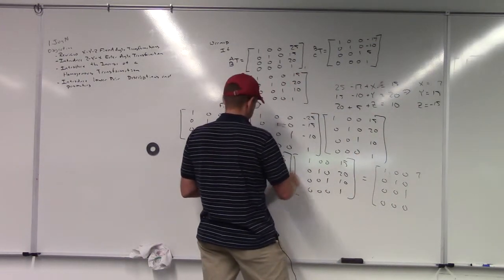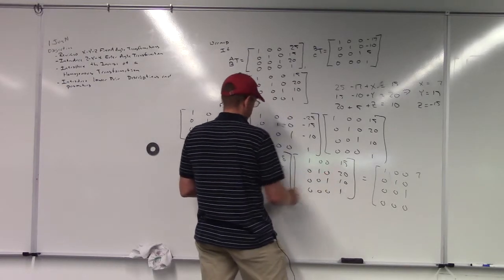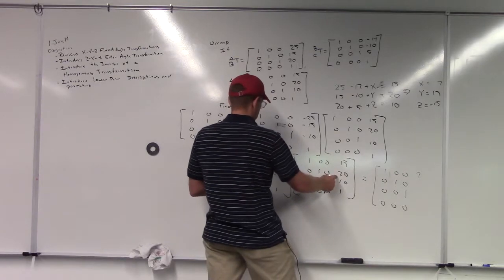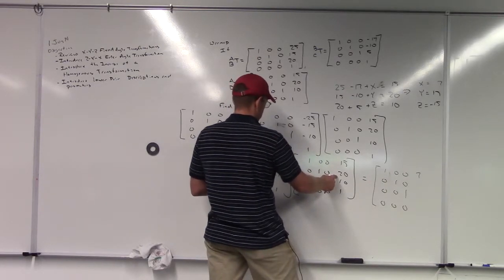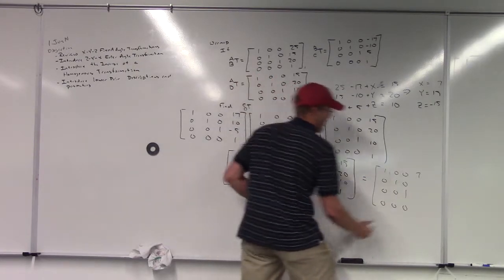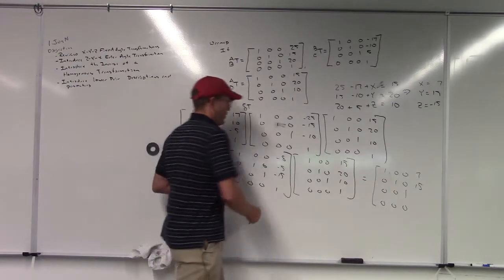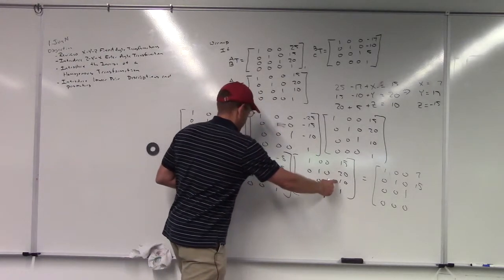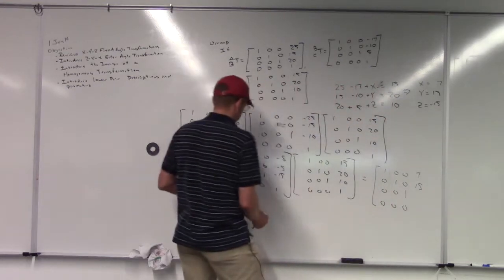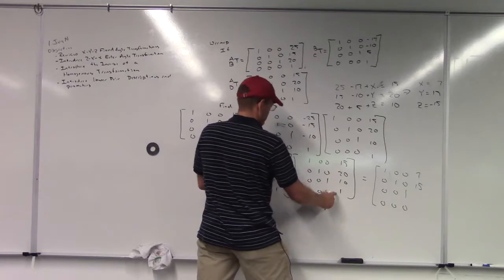Let's see. Okay, how do I do this? Here we go. 20 minus 5, okay, is 15. Then we have 10 minus 15, oops. Let's see, we have 10 minus 15.